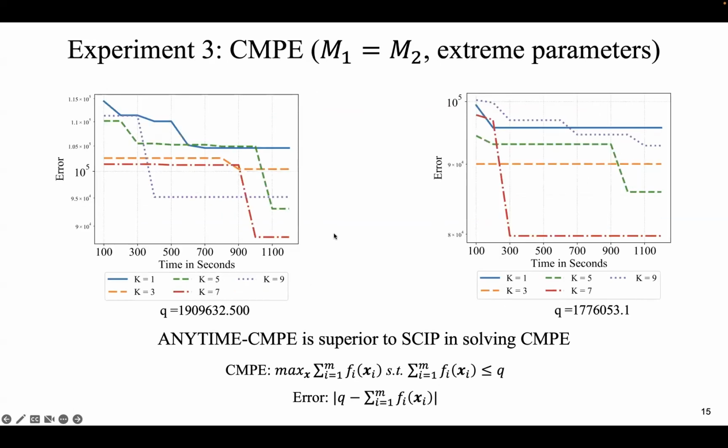When we have extreme parameters, actually SCIP cannot even generate really good solutions, while our algorithms are able to generate good solutions, right? So extreme parameters are these graphical models which are very, very hard in practice.